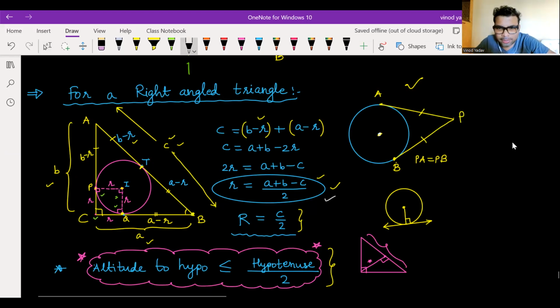And circumradius, so you know very well, it is half of the hypotenuse length, correct? Also, one more relation which you remember is altitude to hypotenuse. If you draw a perpendicular to the hypotenuse, it will be less than or equal to half of the hypotenuse. It will never be more than that. Okay. All right. Please note it down also. Note this also.